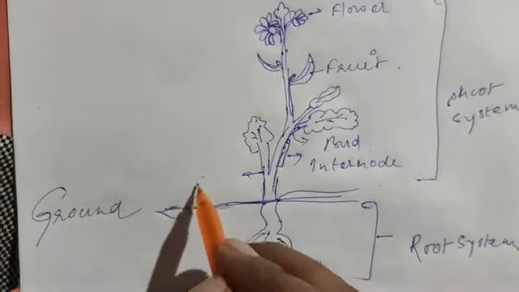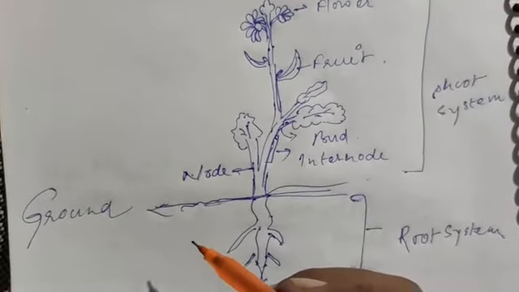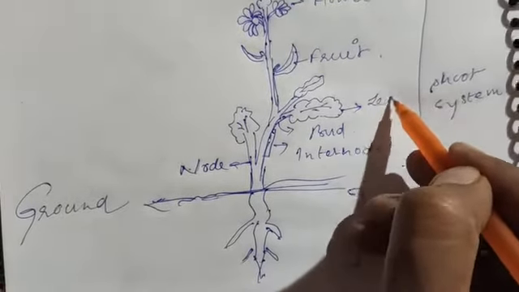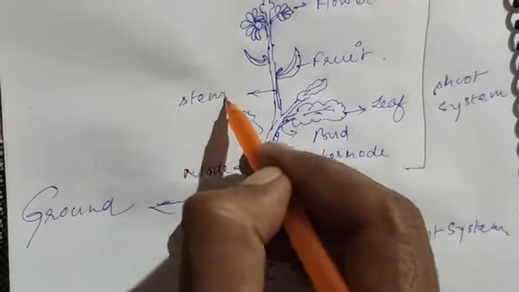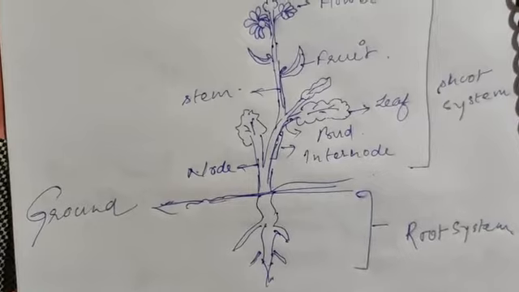This part is called the node. This is called the leaf, and this is called the stem. You can see in your textbook there is a clear diagram for you.